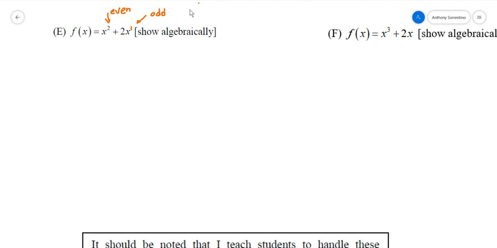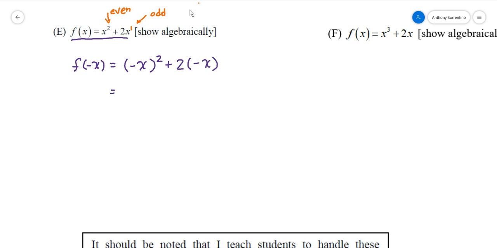So what I need to do is first acknowledge what f of x is. I'm going to do f of negative x, which means I'm going to go to this function up here and replace all the x's with negative x's. So I'm going to have negative x squared plus 2 times negative x.